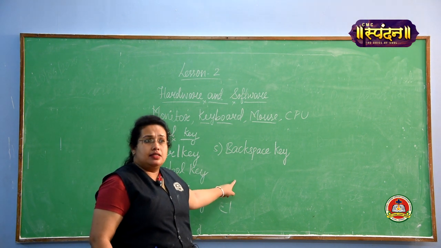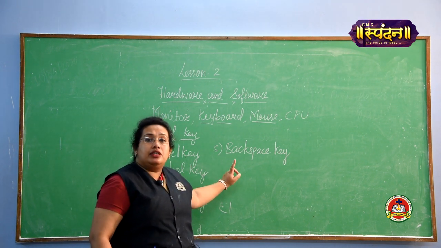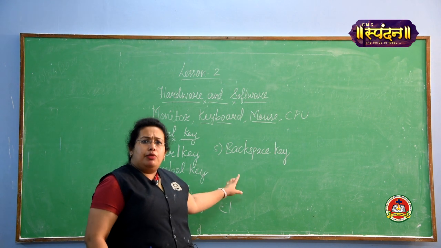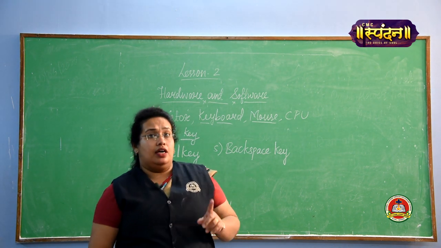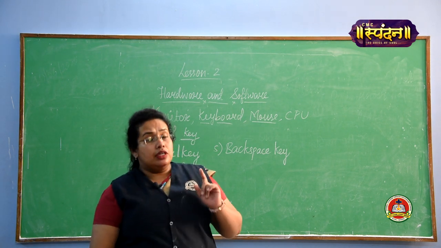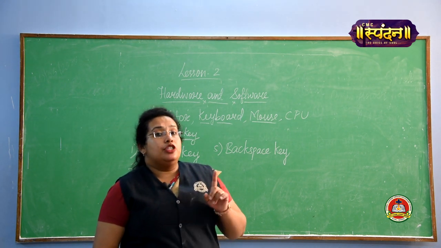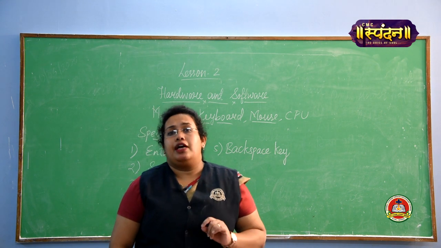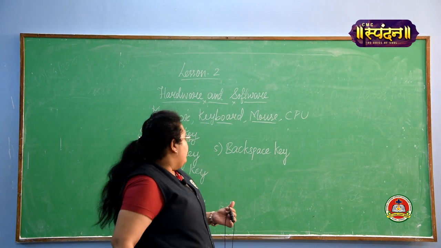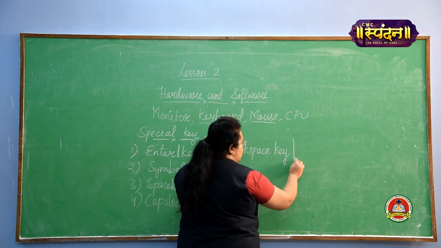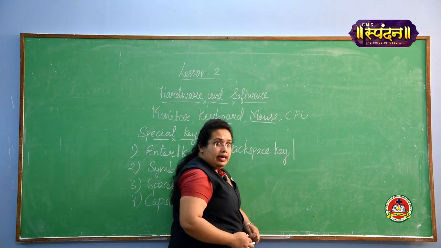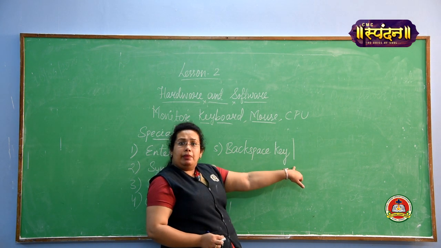But the thing is that the backspace key deletes the letter, number or any symbol from the left side of the cursor. It will only delete the letters which are present on the left side of the cursor. If I have typed this and my cursor is present on this page, this is a cursor, a small blinking line.